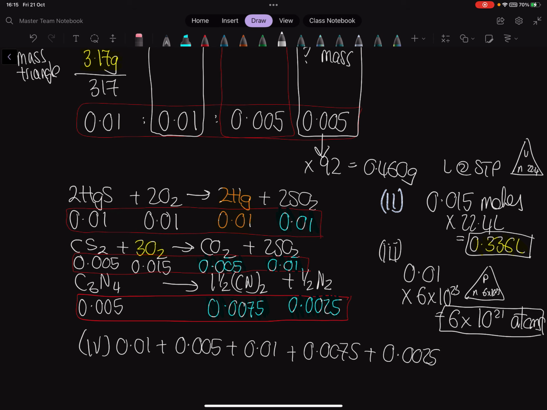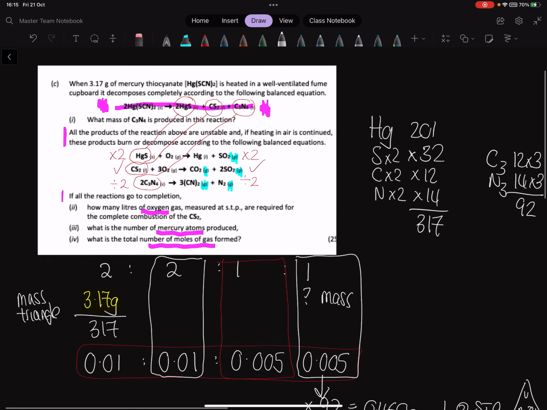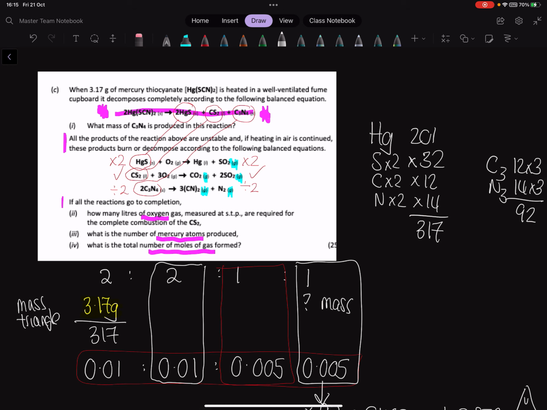And when I have done that, I should get 0.035 moles of gas. Final answer. So while there looked to be a lot to this question, if you kept your head and just looked at proportions and following through with your moles as a ratio, it does become very, very doable and straightforward.